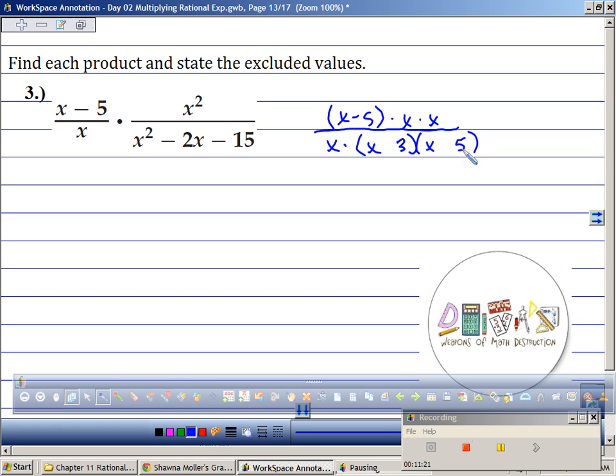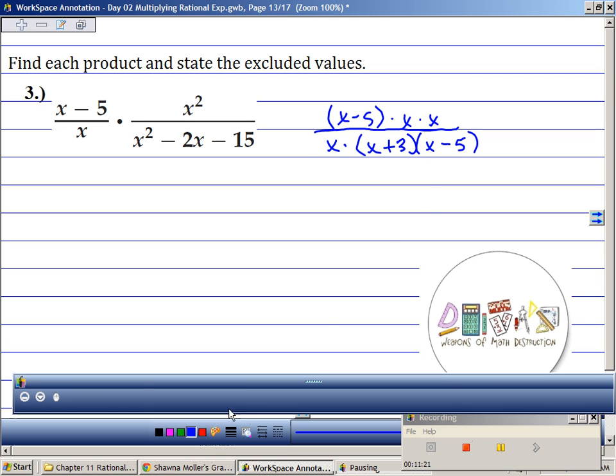3 and 5. But one of them's got to be negative, right? So 3 times 5 is 15. So this one's got to be negative. 5 has to be negative because this value is negative. Right? So if you have a -5 and a +3, doesn't that make -2? If you can't do that yet, just use the x box. Okay? If that confuses you. So I think some of you are really starting to be able to do it.